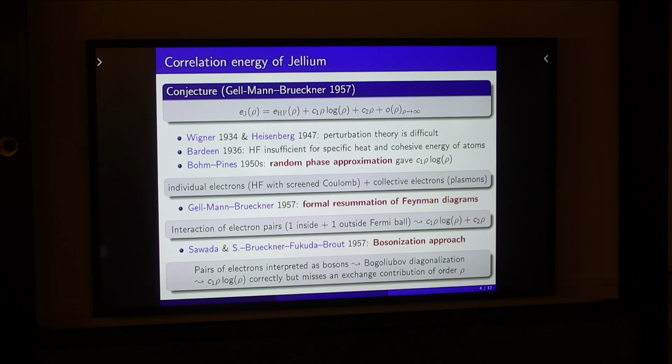And so I also cited here Heisenberg, because there was an interesting paper with the title "The Theory of Superconductivity," where he argued that you cannot go beyond Hartree-Fock by just using second-order perturbation theory, because what you get is infinities.